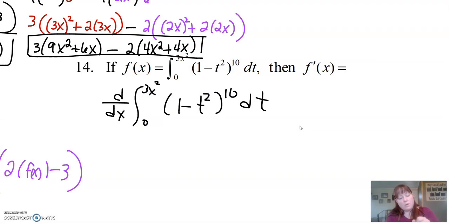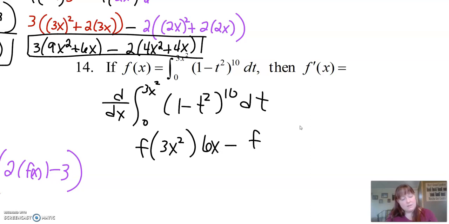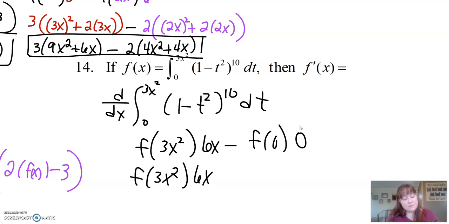We have f of 3x squared times the derivative of that, which is 6x, minus f of 0 times the derivative of that, which is 0. So in the end, we have f of 3x squared times 6x.